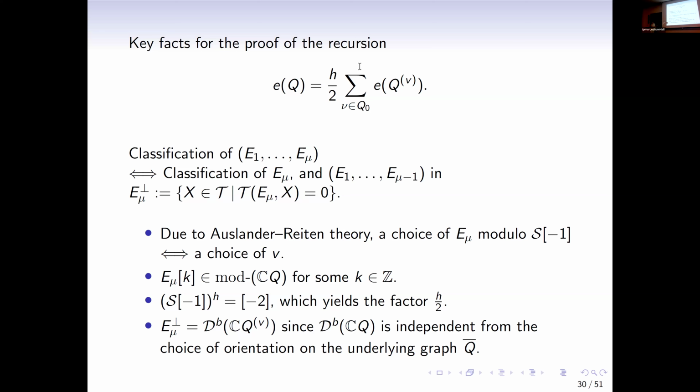Therefore, in order to classify the last object, we need the vertices in the linking quiver and also this factor.